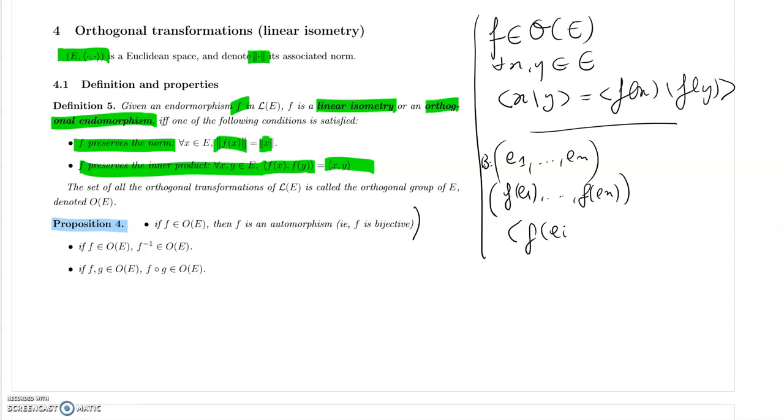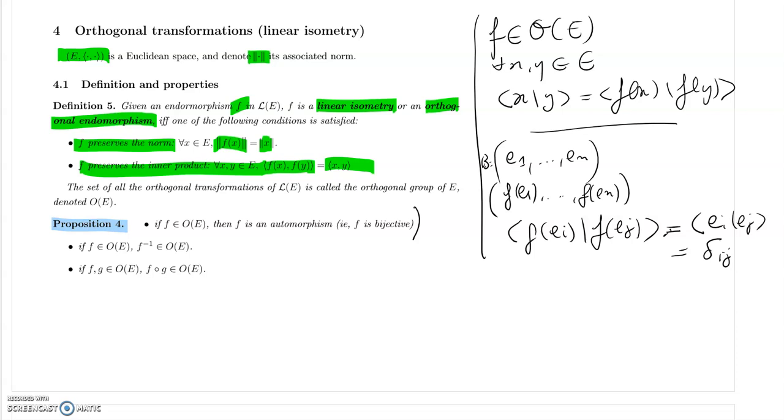Let's have a look at f of ei, scalar product with f of ej. By definition of linear isometry, that is going to be equal to the inner product between ei and ej, which, because B is an orthonormal basis, is equal to delta ij, that canonical value equal to 0 if i is different from j and equal to 1 if they are the same.